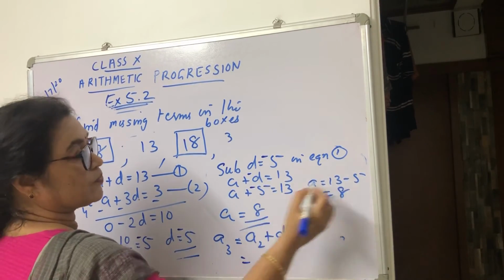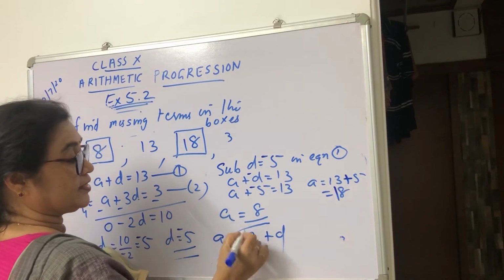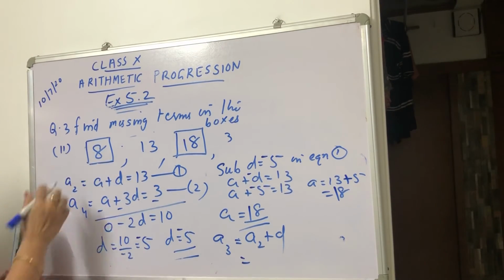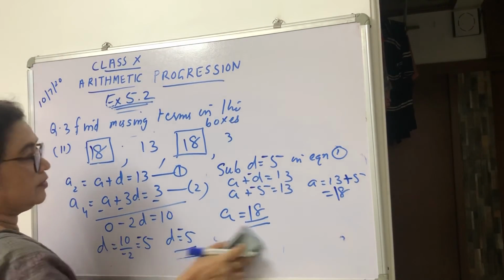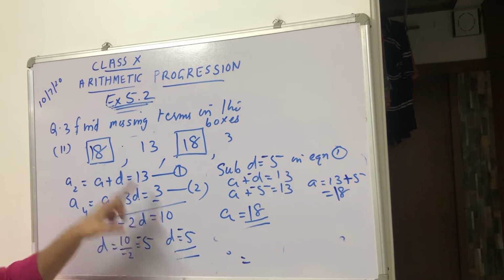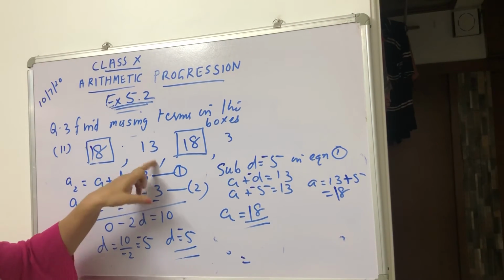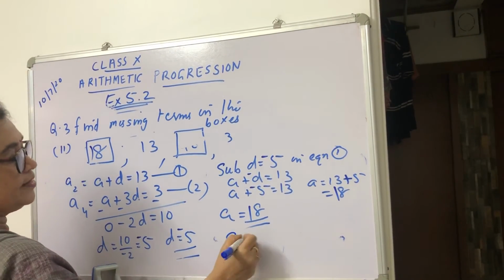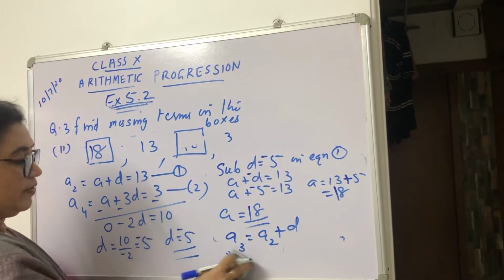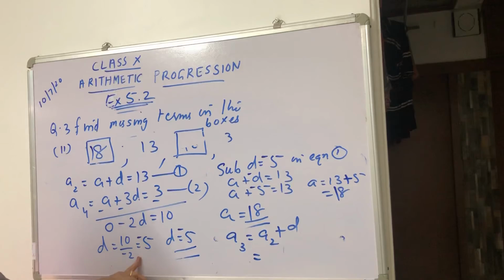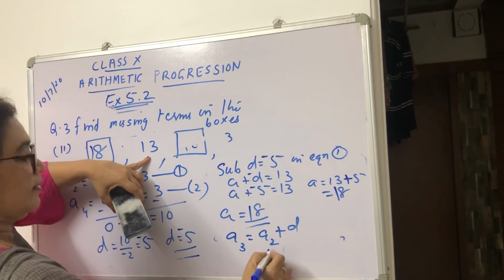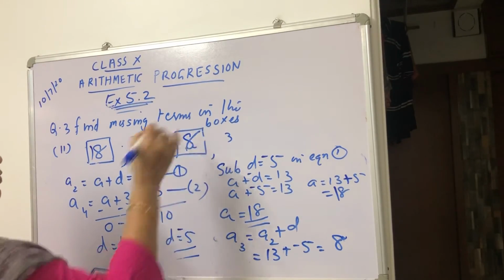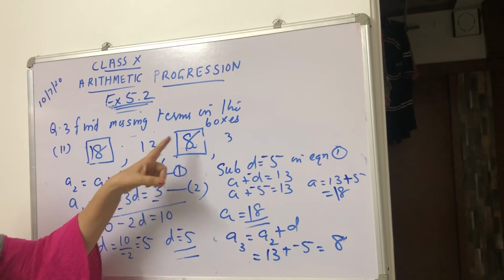Then A minus 5 means A plus 5 minus 18. So A is equal to 18 here. 18 plus minus 5 is 13. 13 plus minus 5 is, this is A3. A3 is A2 plus D. What is A2? 13. 13 plus minus 5 is 8. Therefore, this value is 8. So 18, 13, 8 and 3.